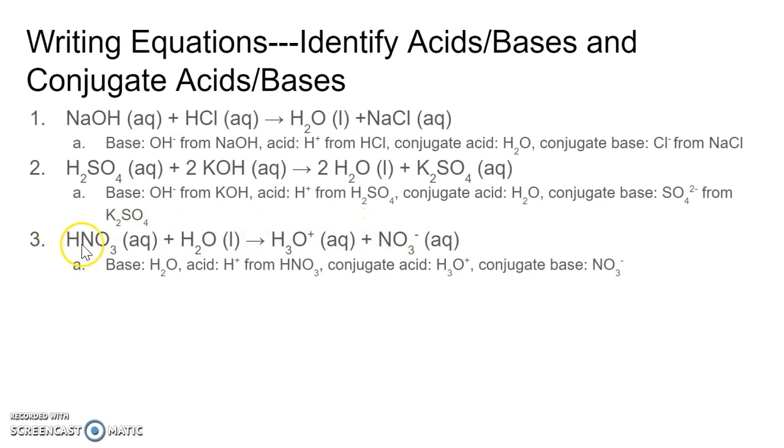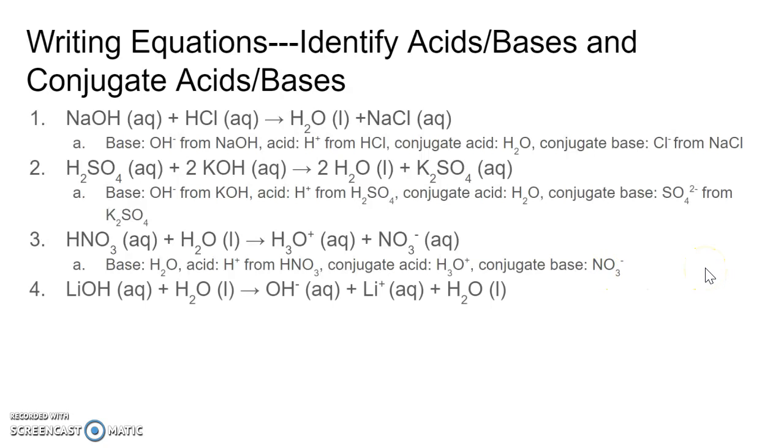And also when I'm reacting with a very strong acid, water's definitely a better base than nitric acid. So it's not a great base, but it is a base in this situation. All right. And you'll see that the conjugate acid that ends up forming in this particular case is the hydronium ion, and the conjugate base is the nitrate ion.